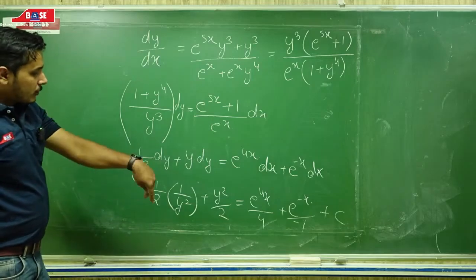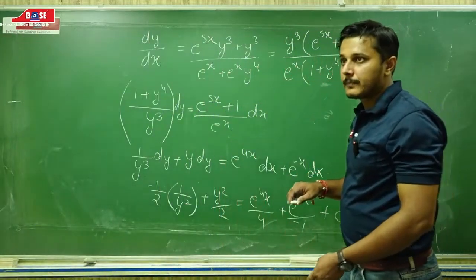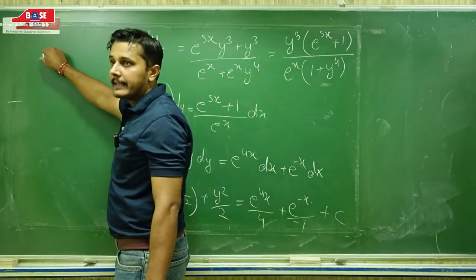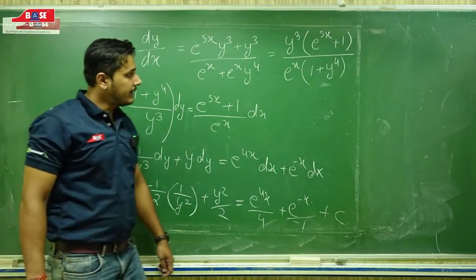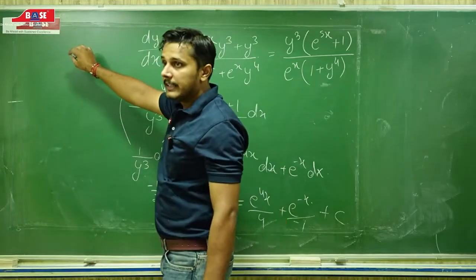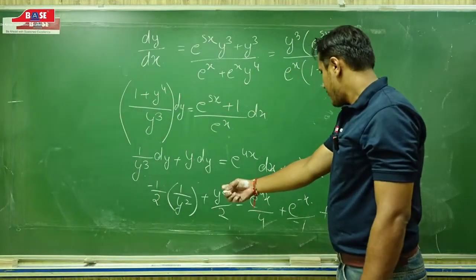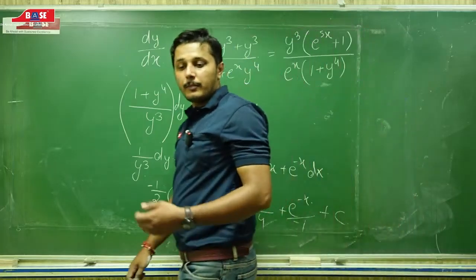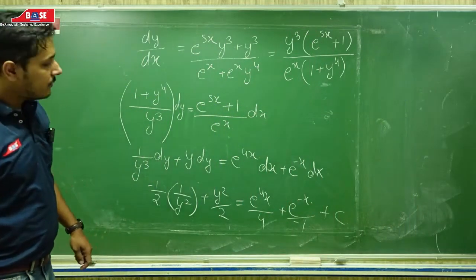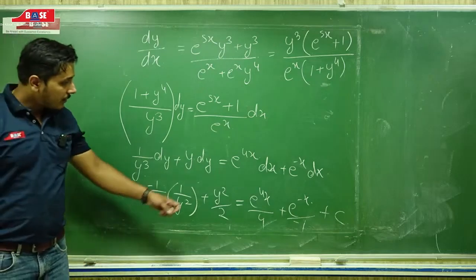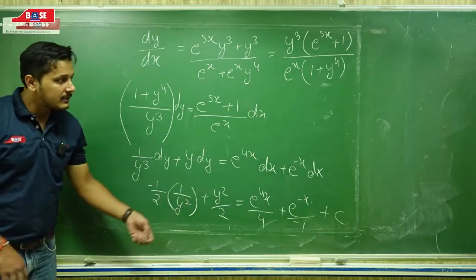Now take 1 by 2 LCM, and after taking LCM, let me write it here. In the information, the question has given that y of 0 is 1 by root 2. So first let me find what this constant c is. Let me erase it, keeping only this.